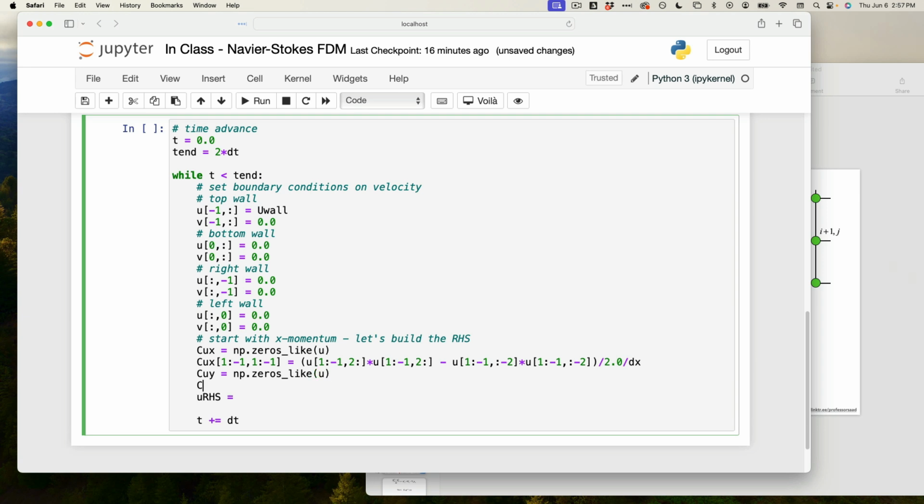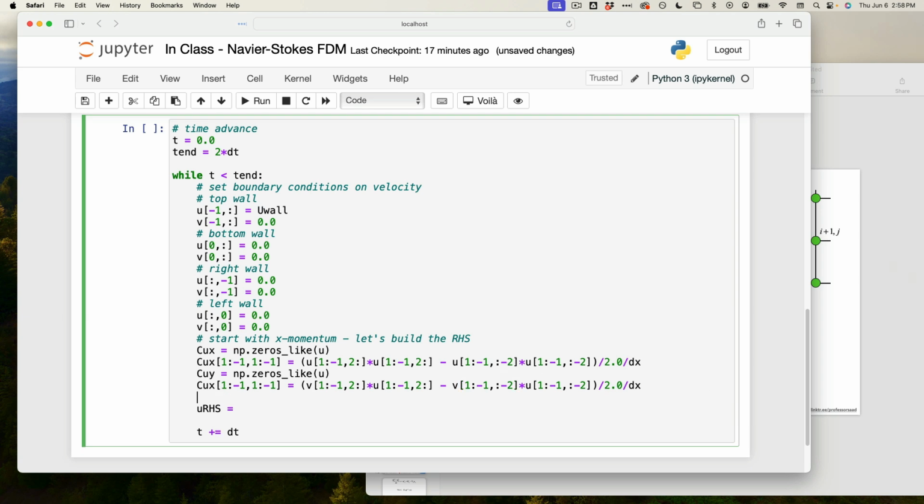Okay, and cuy, same thing here. I'm going to copy and paste this. Okay, and this would be u times v, or v times u, to be consistent with my nomenclature, minus v times u. Okay, and then you repeat the same thing.